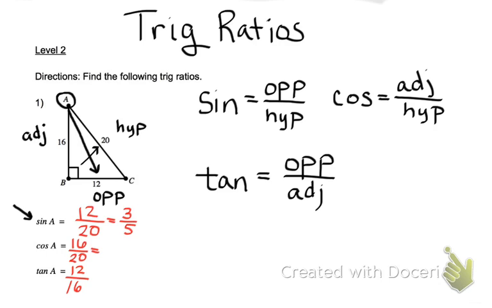So 16 divided by 4 is 4, and 20 divided by 4 is 5. And then the last one, tangent. I have 12 over 16. I can again divide the top and bottom by 4, so 12 divided by 4 is 3, and 16 divided by 4 is 4.